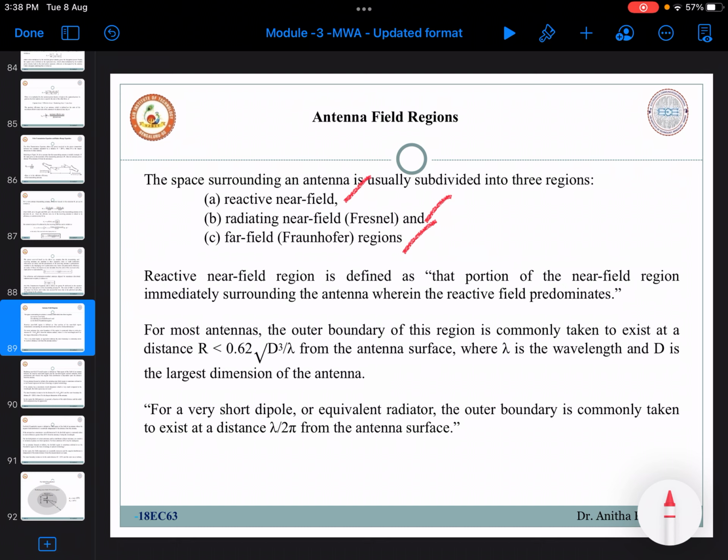Commonly, if the radiation distance r is less than 0.62 into square root of d cube by lambda, that region is considered the reactive near field region.